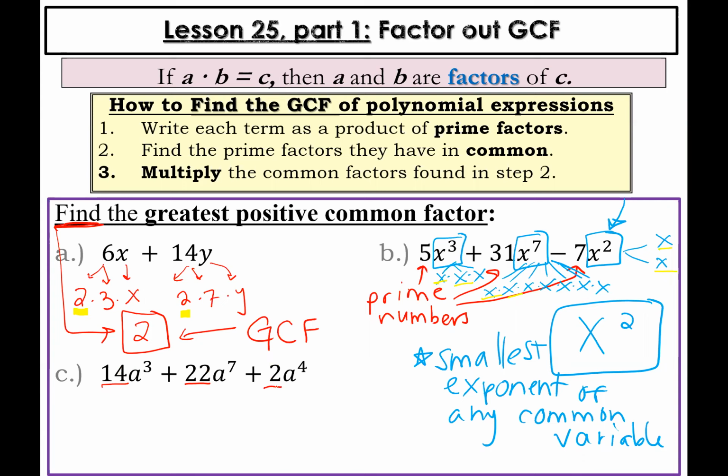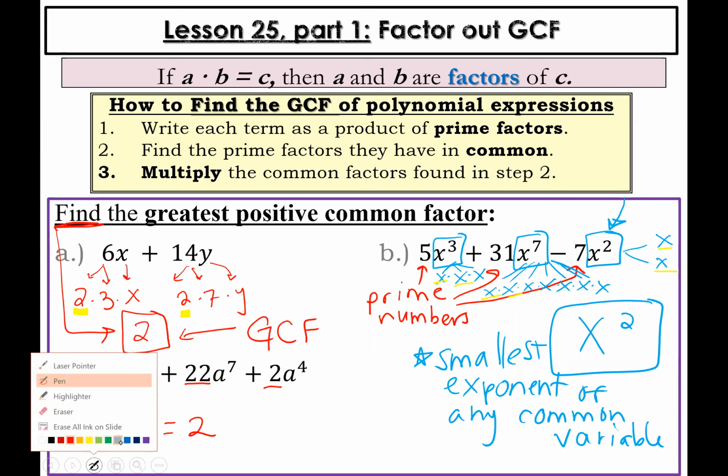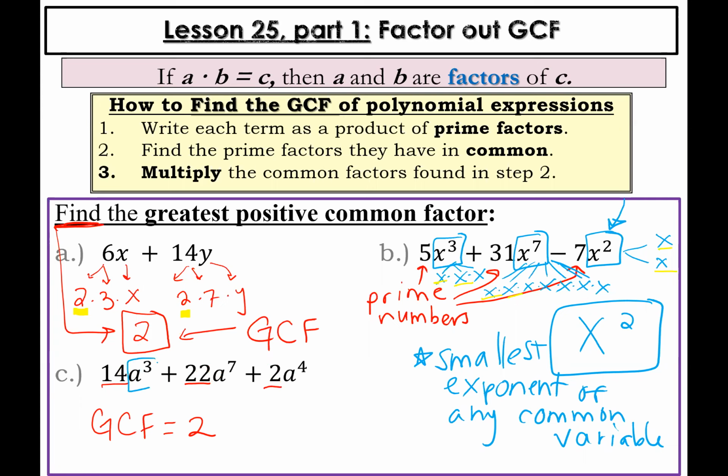So 2 does go into 22. 2 is a factor of 22, and 2 is a factor of 14. So our GCF will have 2 as part of our answer. And I'm saying part of our answer because we also now need to focus on our variables. Each term has the same variable. They all have a.